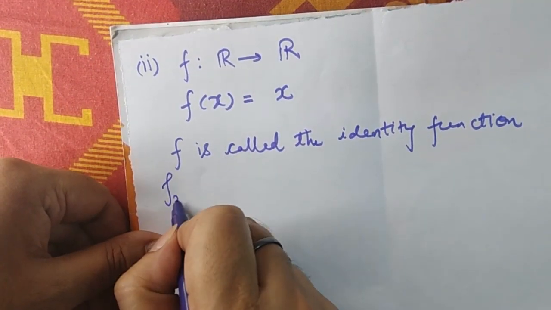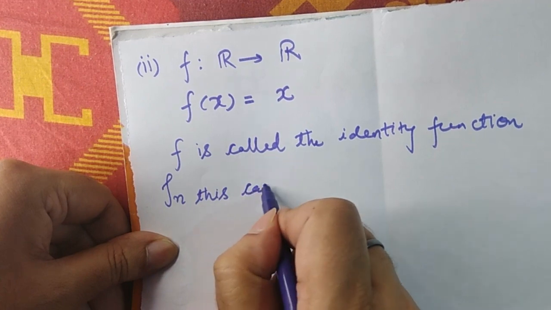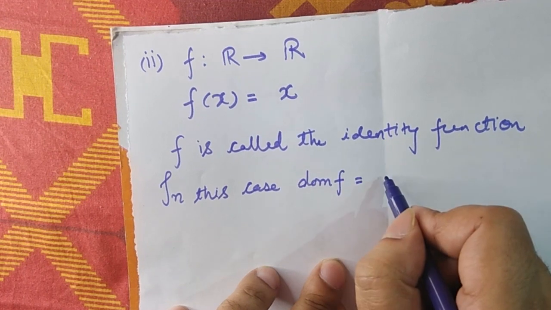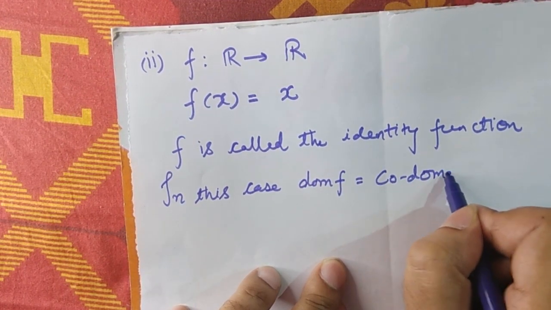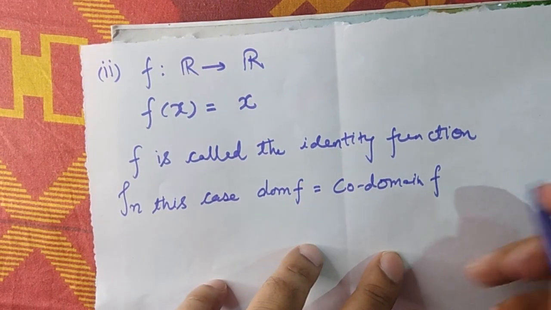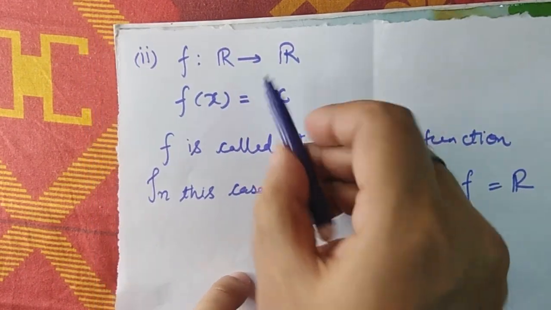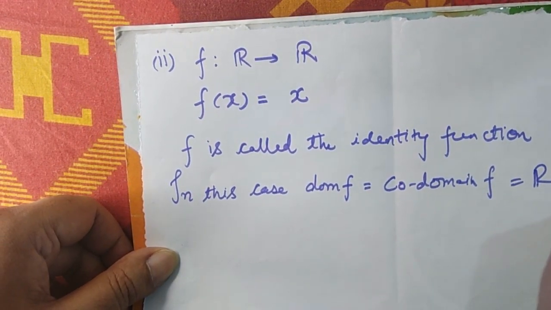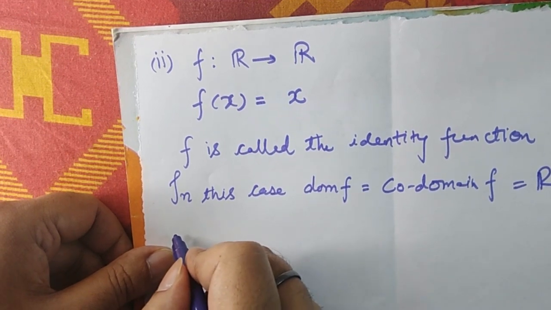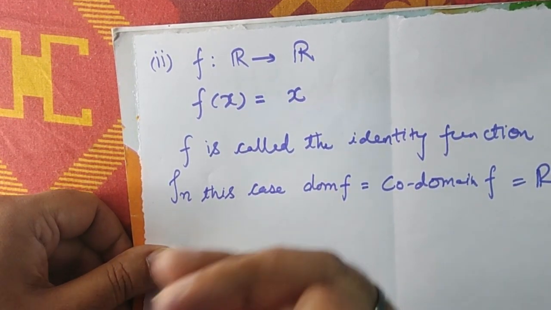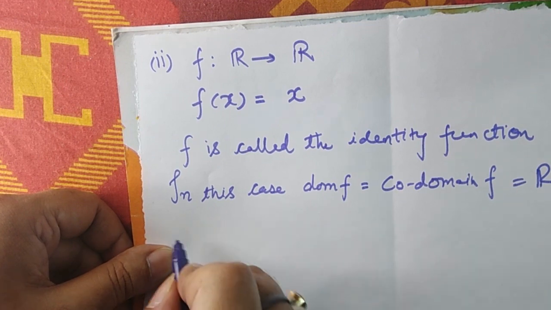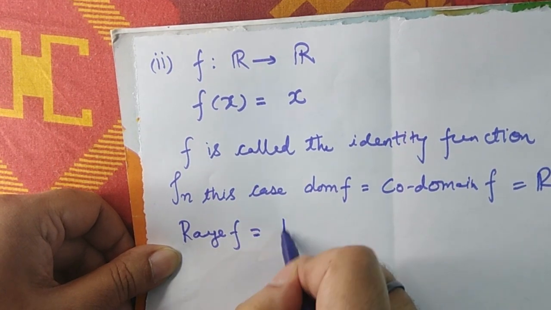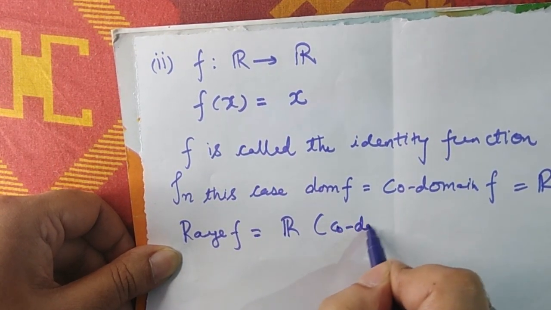In this case, domain of f is the same as the codomain of f, which is equal to R, as is obvious. Moreover, it so happens in this case that the range of f is also equal to its codomain. Range of f is equal to R, which is the codomain.